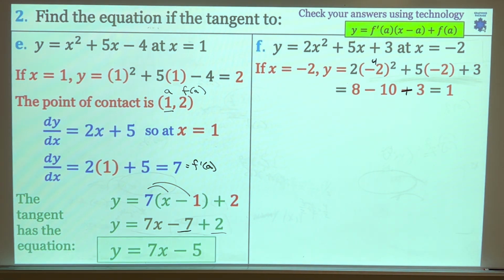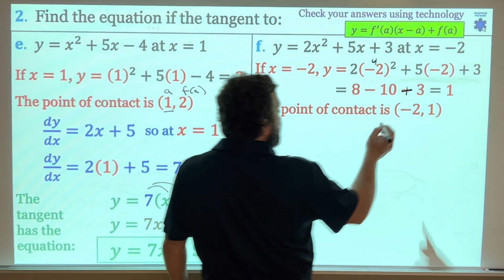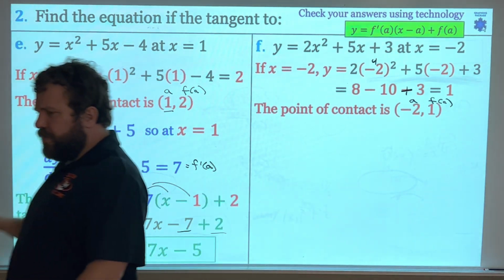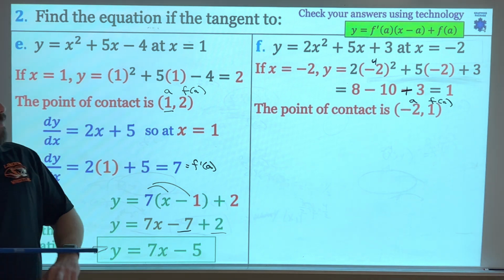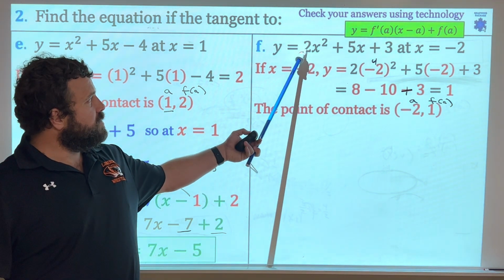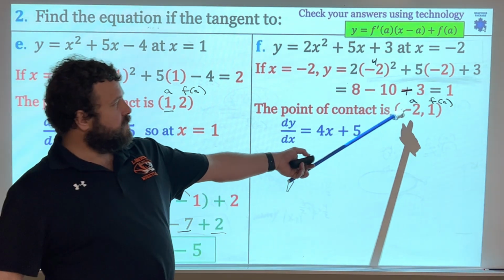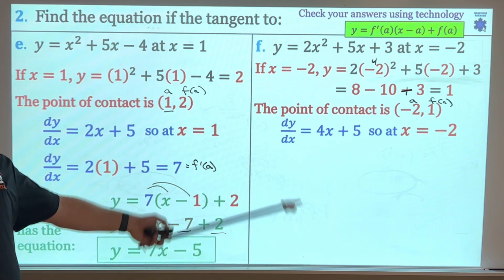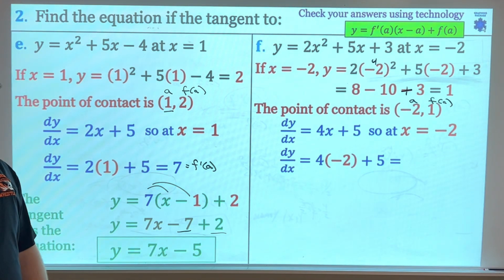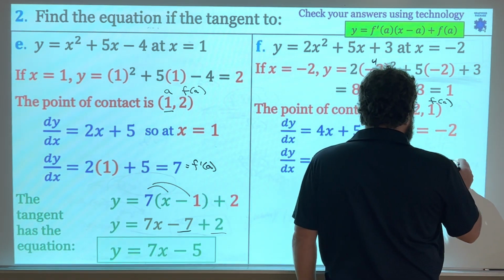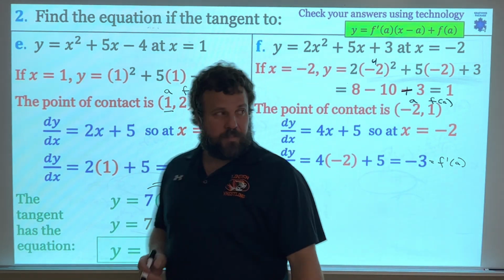All right, so my point of contact, therefore, is negative 2, 1. A, f of a. Derive it. When you derive, 2 times 2x is 4x plus 5. We're going to plug our a in there. So when x is negative 2, 4 times negative 2 is negative 8. Negative 8 plus 5 is negative 3. Negative 3 is my f prime a.